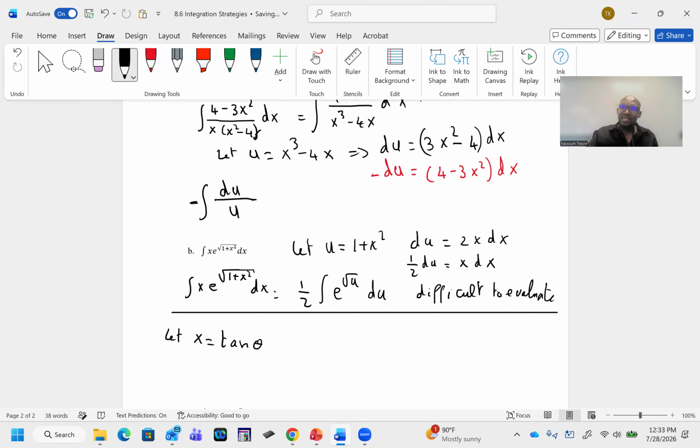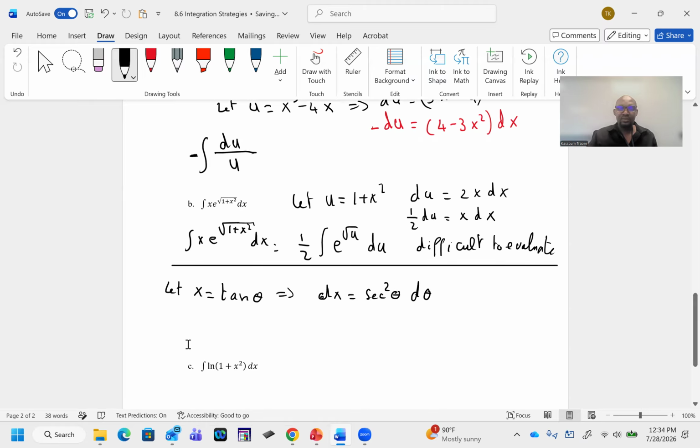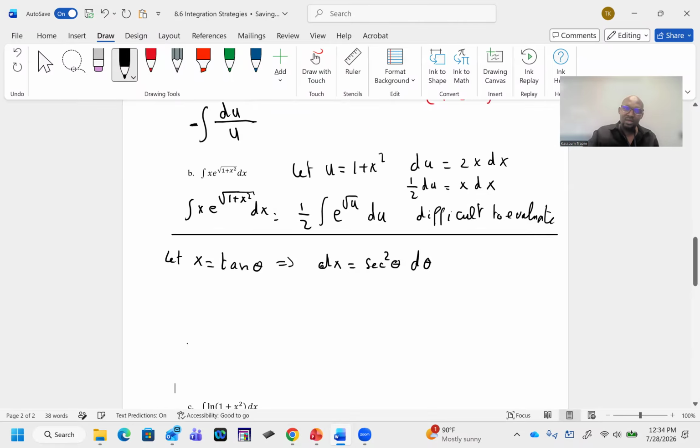Then if x is tangent theta, my dx would be the derivative of tangent theta, which is secant squared theta d theta, right? So let's rewrite. I will get the integral of x times e to the power of square root of 1 plus x squared dx. What is our x? We said tangent theta.